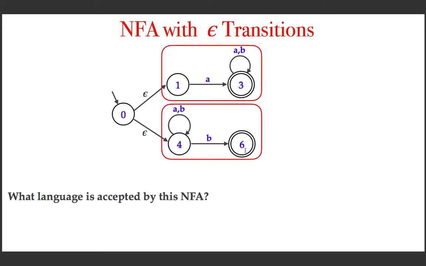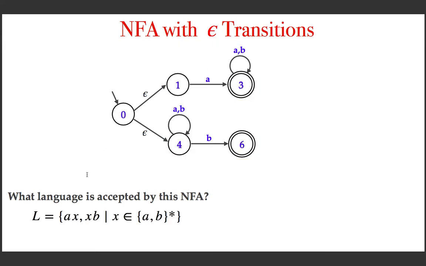Then the last symbol read is a B. So if you accept by taking this epsilon transition, then the string ends in B, and if you accept through this path, then the string starts with A. So the language is the set of all strings starting with A or the set of all strings ending in B, and that's the language.